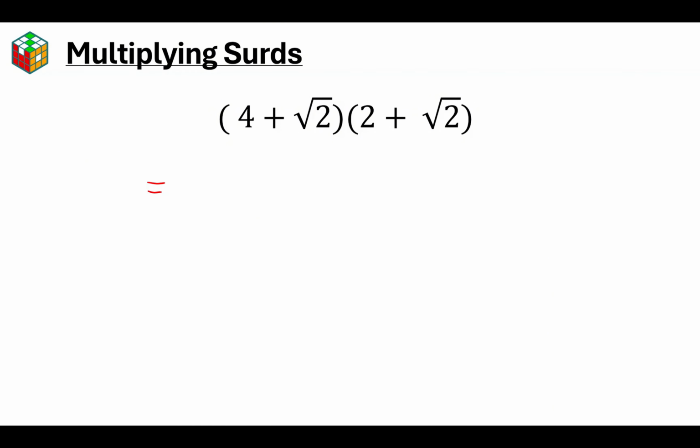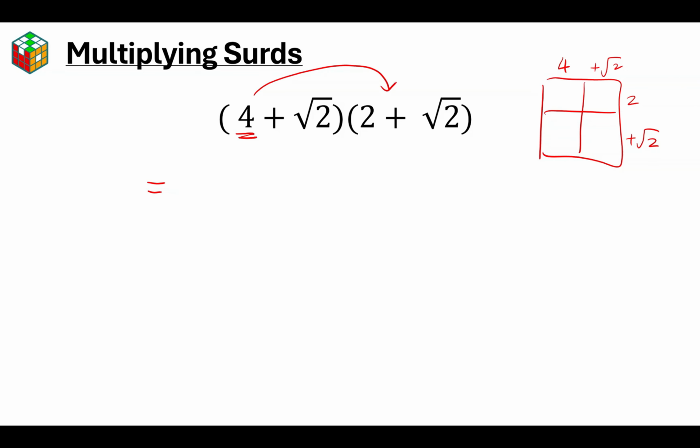So first of all, your aim. Some people will use the grid, and then you will find that is 4, and then plus root 2, 2 plus root 2, you multiply it. But actually what you are doing is you want the 4 to multiply everything at the back.